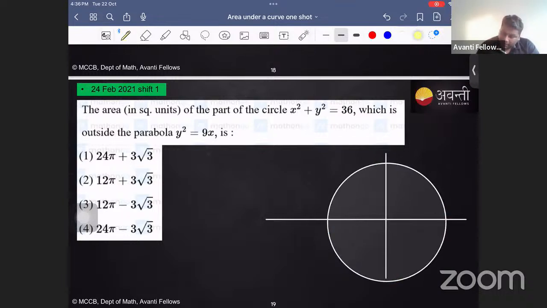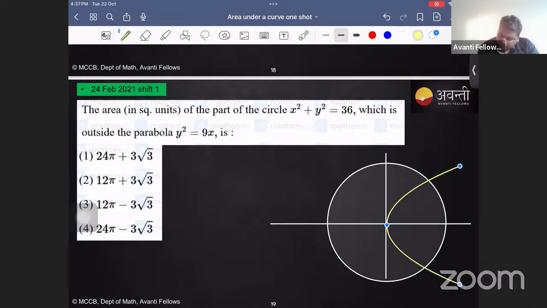And the parabola that they have provided us is this, that is y square equals 9x. Now you have to figure out this area.